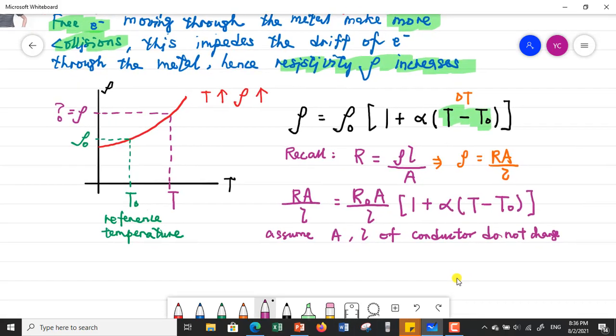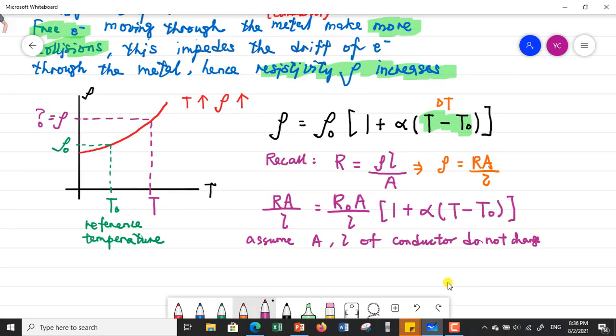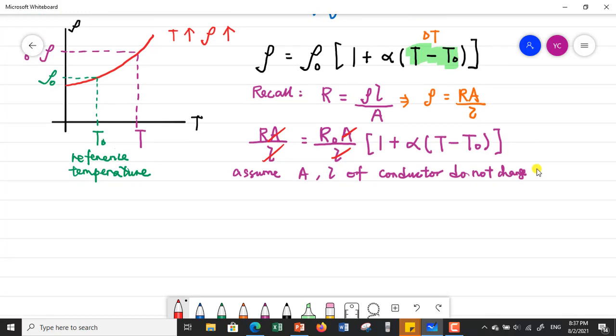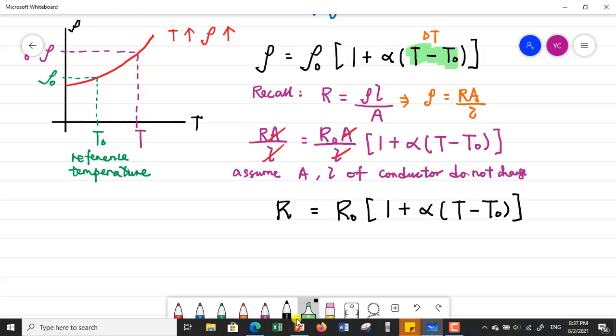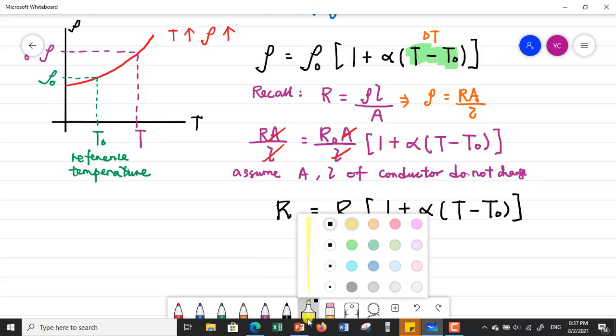If we assume A and L do not change, that means I can cancel out the A and L. Then I get the resistance at final temperature after we heat up equals R naught, the resistance at reference temperature, in bracket 1 plus alpha, T minus T naught. So this is another equation that we can use.